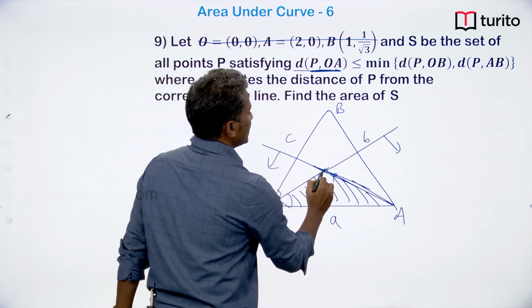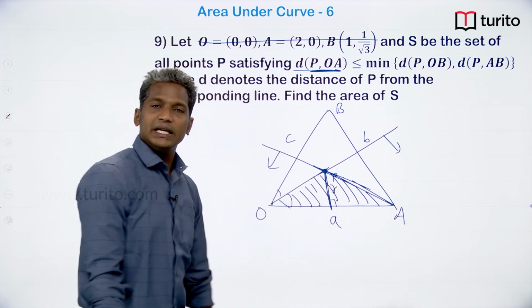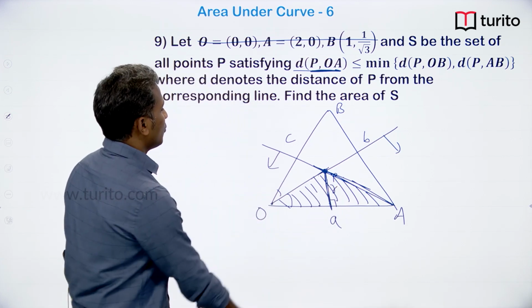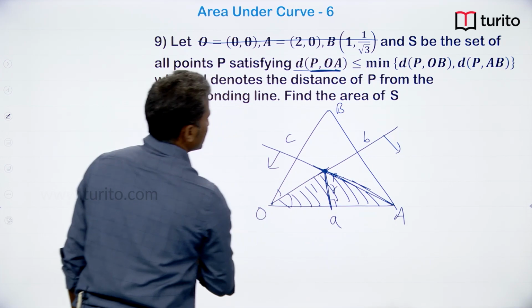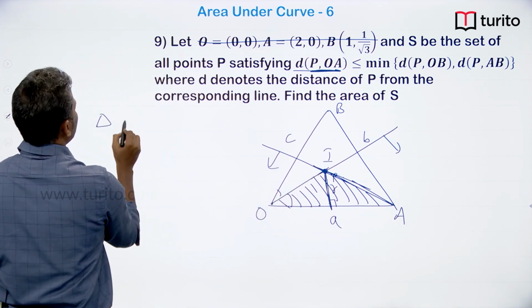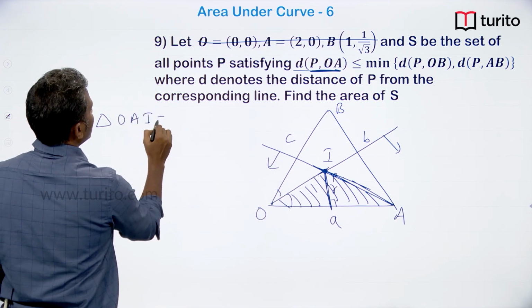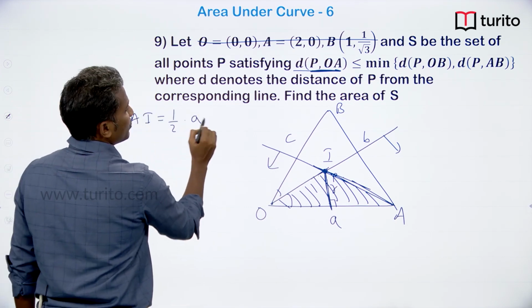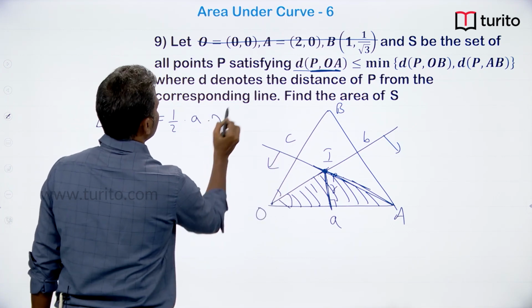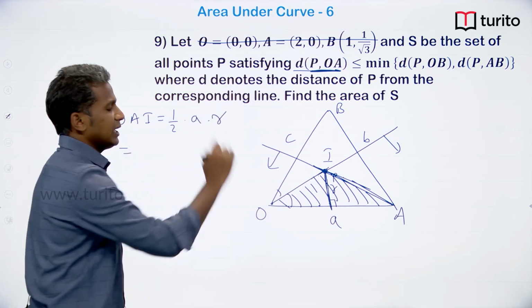Now from this incenter, the distance to any side is going to be the inradius. Suppose I take this point as I, what is the area of triangle OAI? It is going to be half into base into height, which is the inradius. So this way we can get the area.